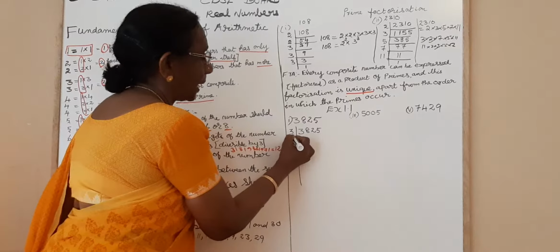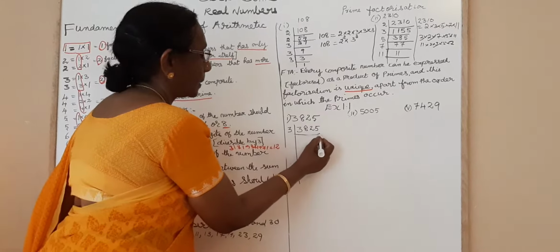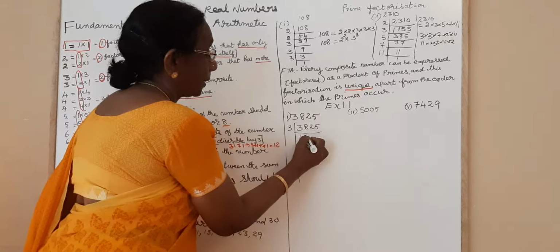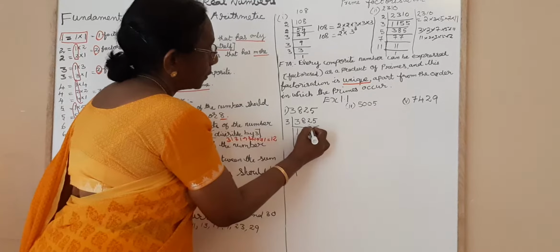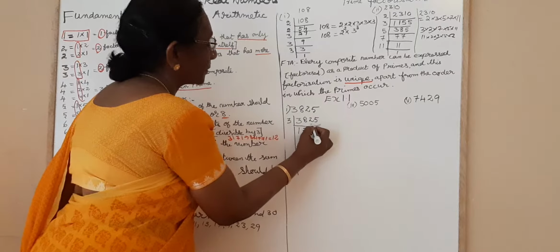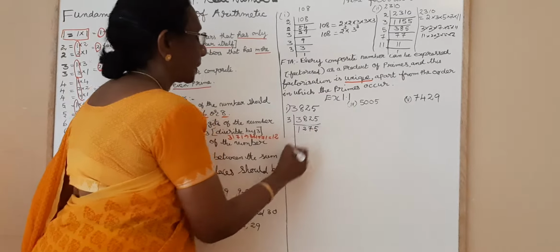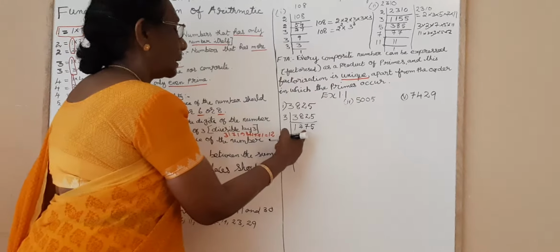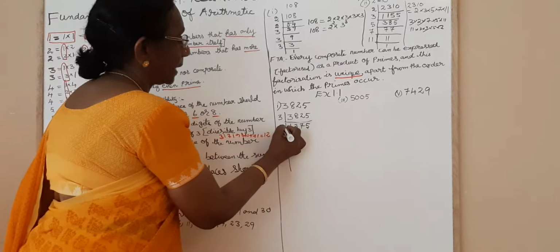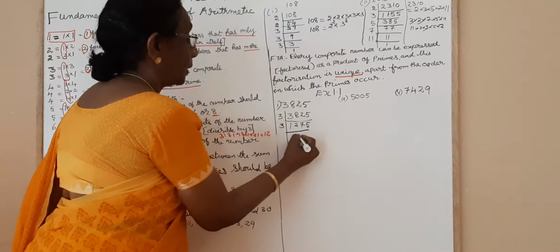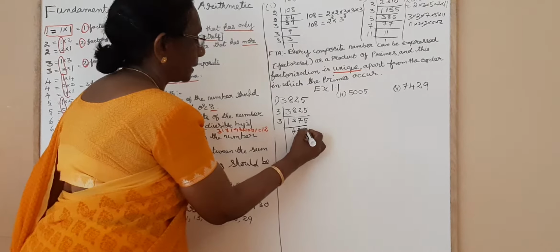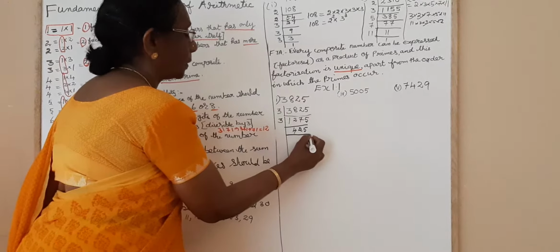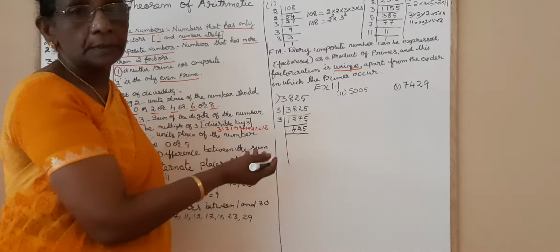So it is divisible by 3. 3 ones are 3, 3 twos are 6, 3 sevens are 21, 5. Again 12, 14, 15, divisible by 3. 4 threes are 12, 2 threes are 6, 5 threes are 15. Now 7 plus 4, 11, not divisible by 3.